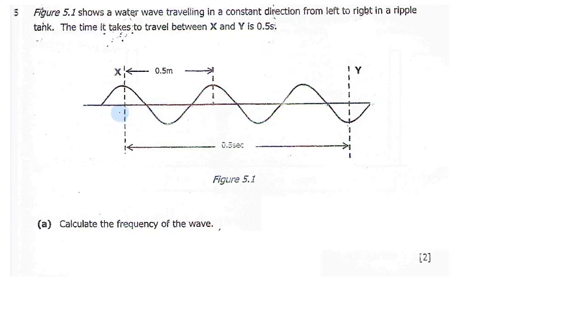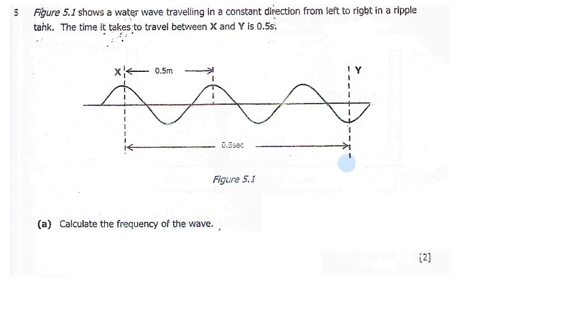Okay, so this is a water wave traveling in a constant direction from left to right in a ripple tank. They're telling us the time it takes to travel between x and y is 0.5 seconds. Then they're saying calculate the frequency of the wave.